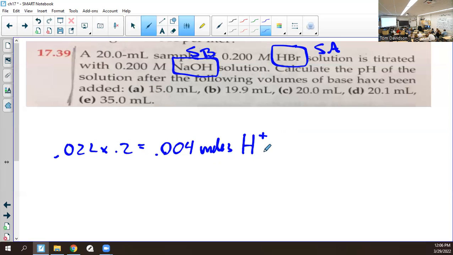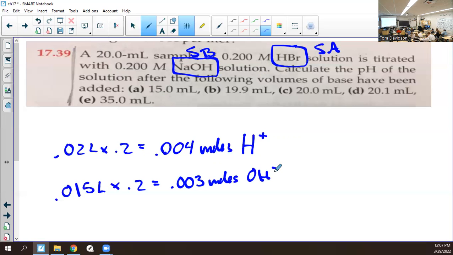So far, okay? Then I have 0.015 liters. Is that correct? I'm going to multiply it by 0.2, and that many moles of OH minus.